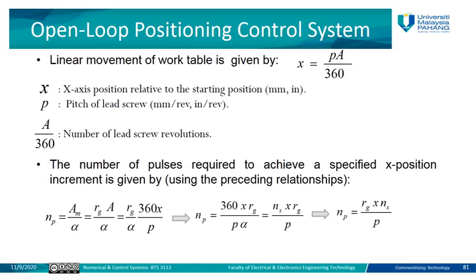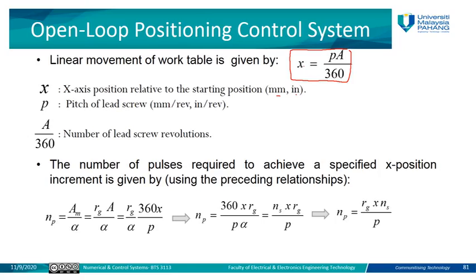So the x-axis position will equal p times A over 360. So x represents the x-axis position relative to the starting position in millimeters or in inches, depending on the units that we are going to use.